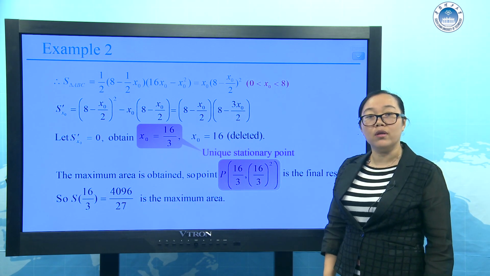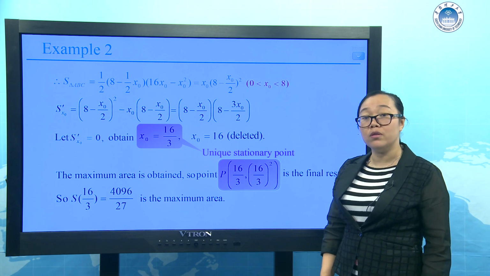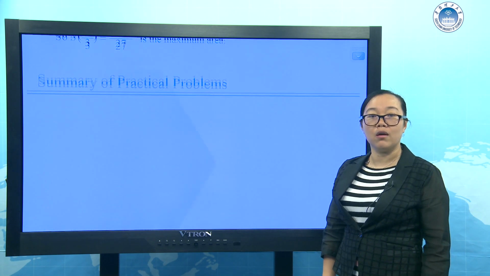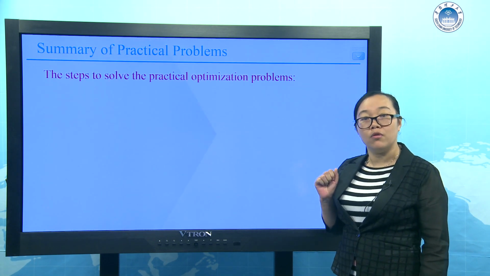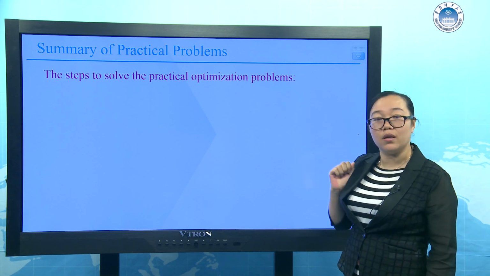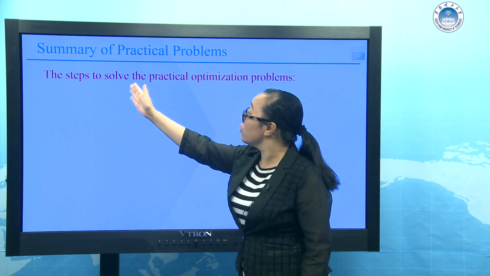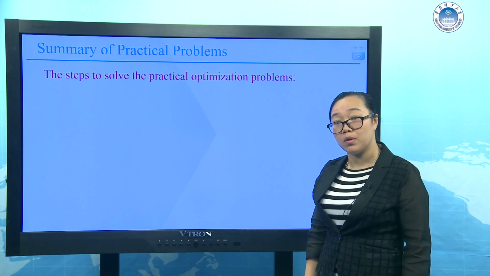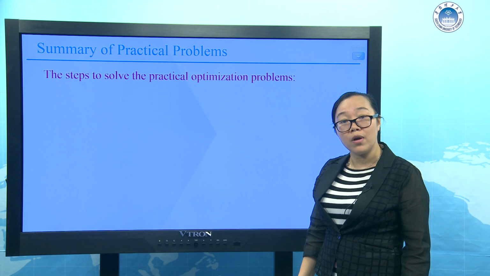So in example 2, we are using a similar idea, the 5 steps. So now look at our summary. For our practical problems, how to do? Yes, the following steps are used to solve practical optimization problems. How about the 5 steps?